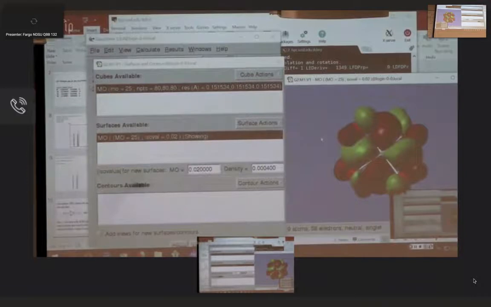Okay. There we go. It doesn't show it. Mine just killed itself.